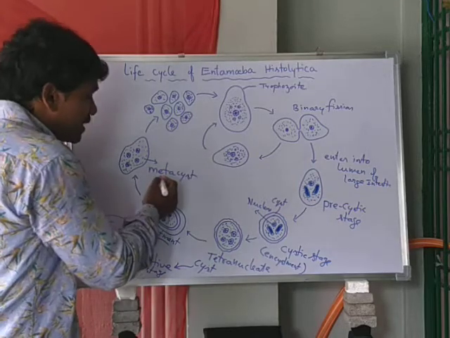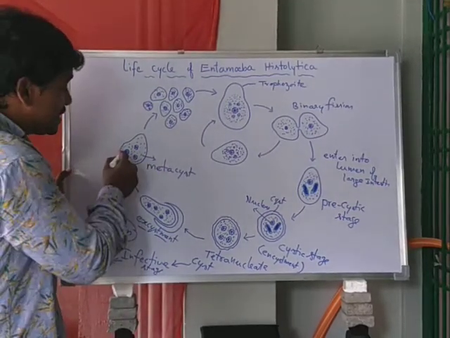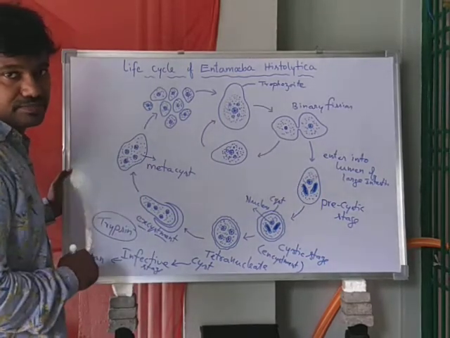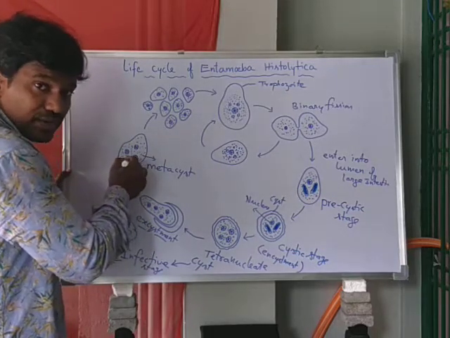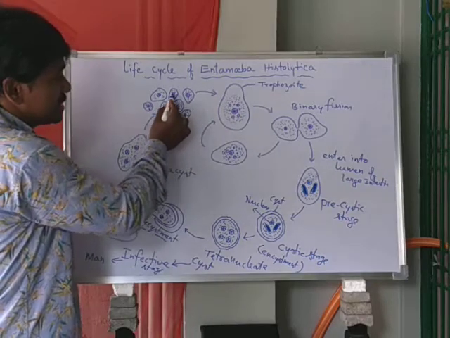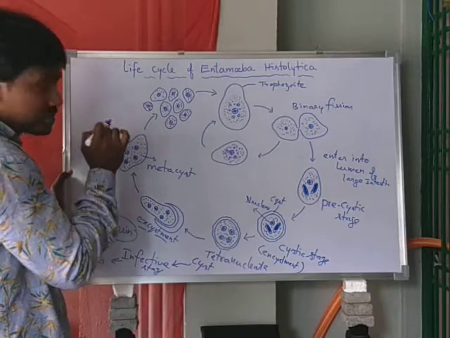The metacyst contains 4 nuclei. Each nucleus undergoes one mitotic division.